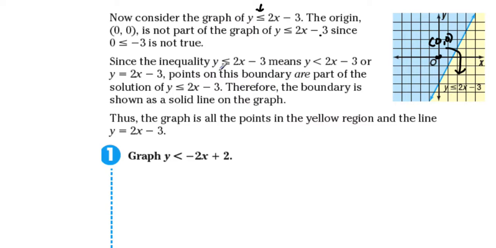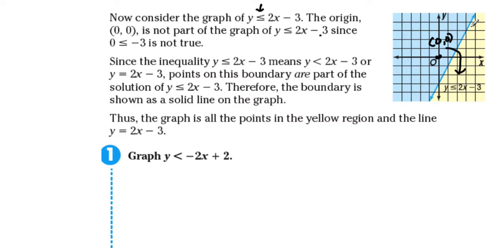Since the inequality y ≤ 2x - 3 means y < 2x - 3 or y = 2x - 3, points on this boundary are part of the solution. So that's what it's saying. When you have less than or equal to, all the points on that line will be part of the solution. If it's just less than, all the points on that line will not be part of the solution.